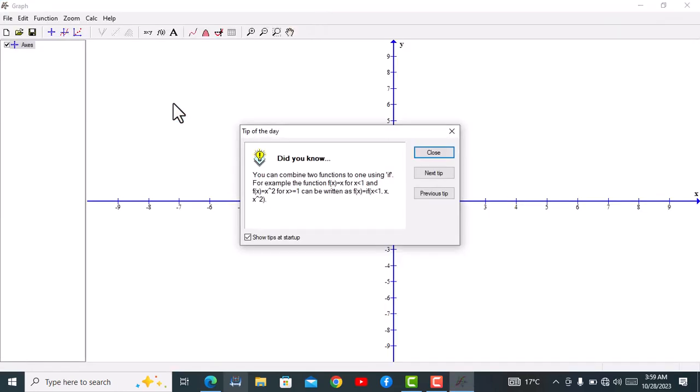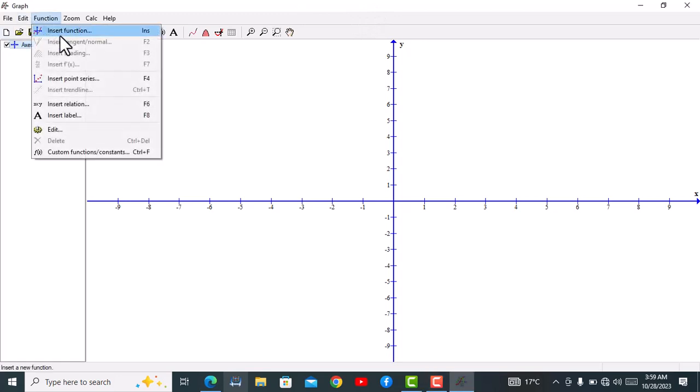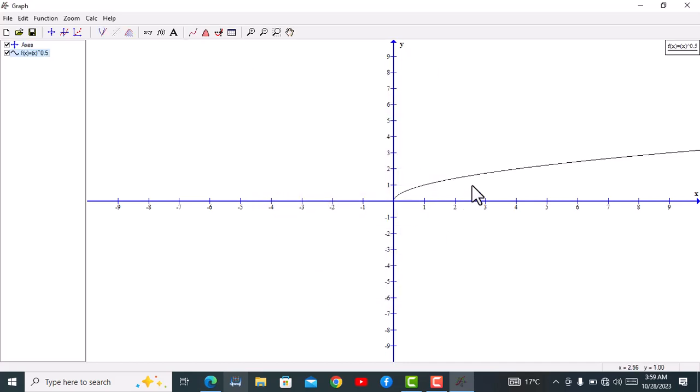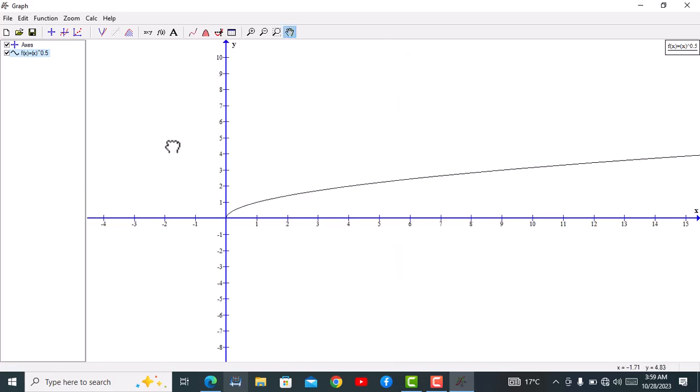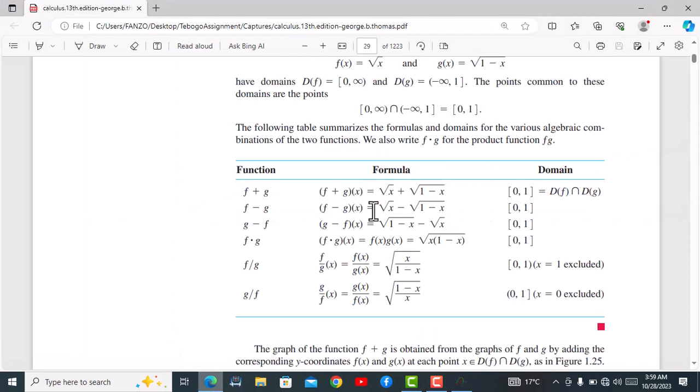I will insert a function, x to the exponent of 0.5, and I can pull it to this side. This is how it looks.